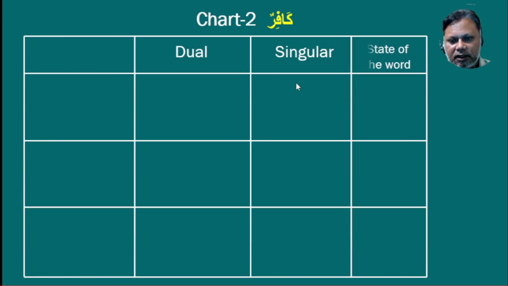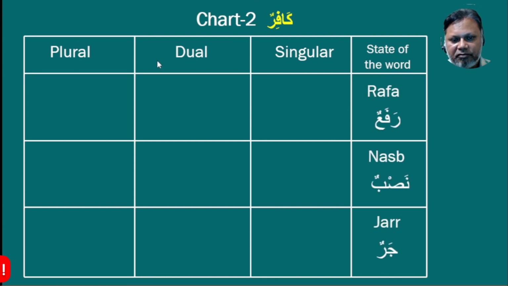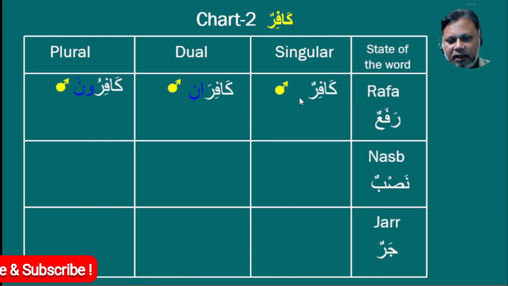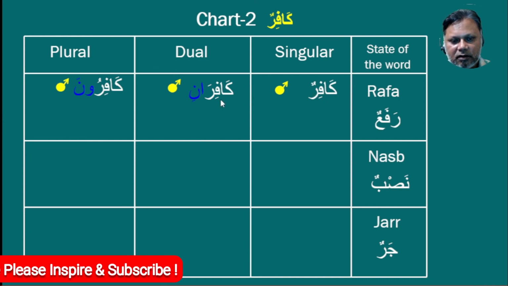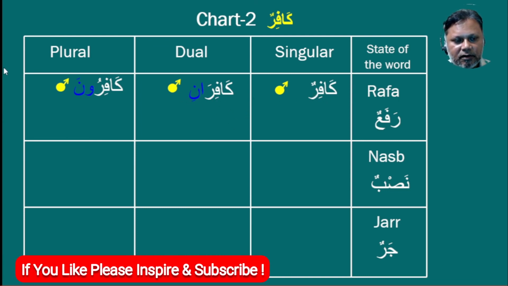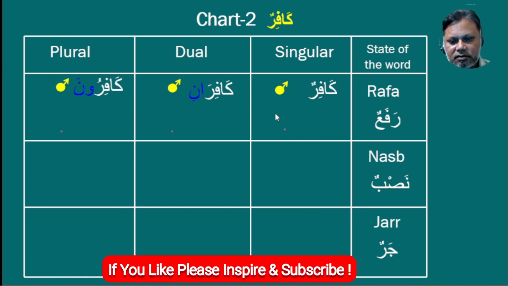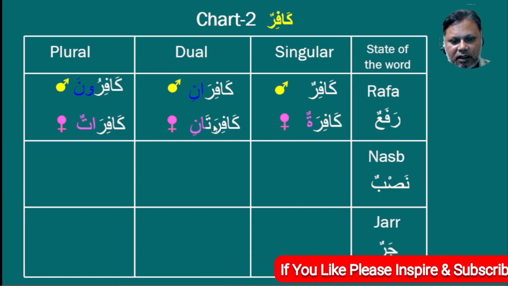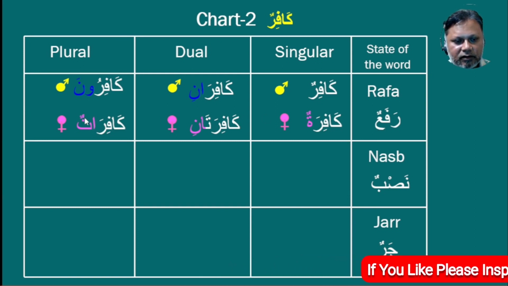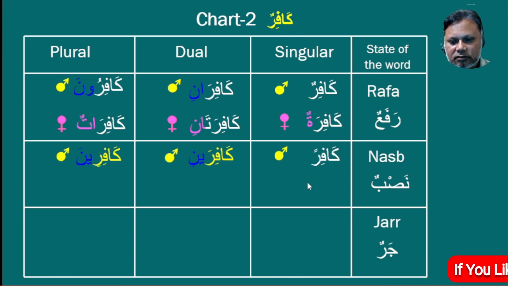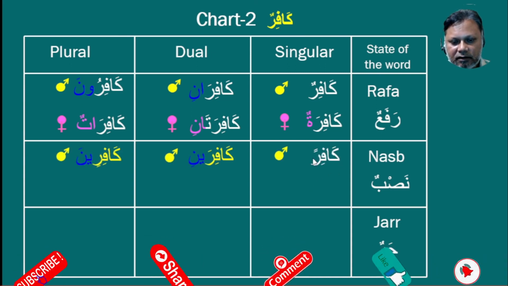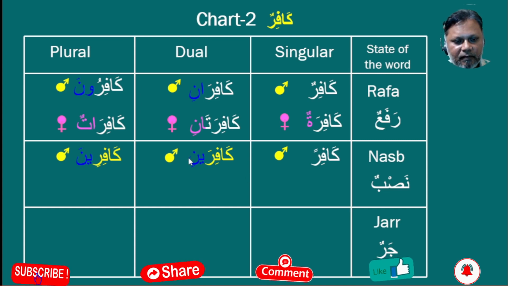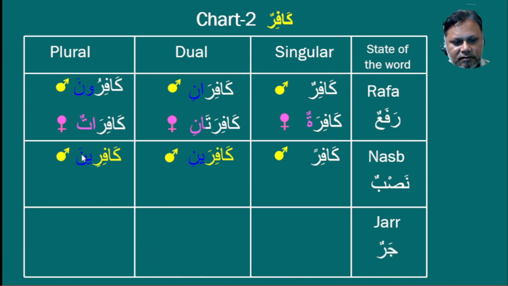Now we will go for one more example. Kafirun. We will draw a table like this. Now we will fill up this table. For male it will be Kafirun, dual will be Kafirani, plural will be Kafiruna, and for female it will be Kafiratun, Kafiratani, and Kafiratun. For nasab male: Kafiran, Kafirayni, and Kafirina.